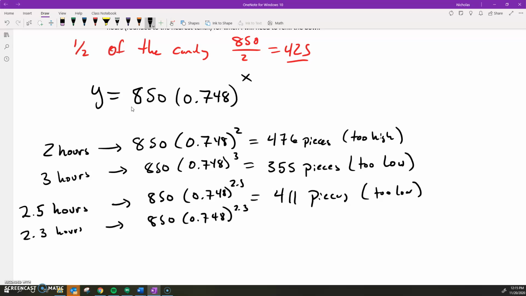All right, 2.3. That gives us 435 pieces. Let's do 2.4.